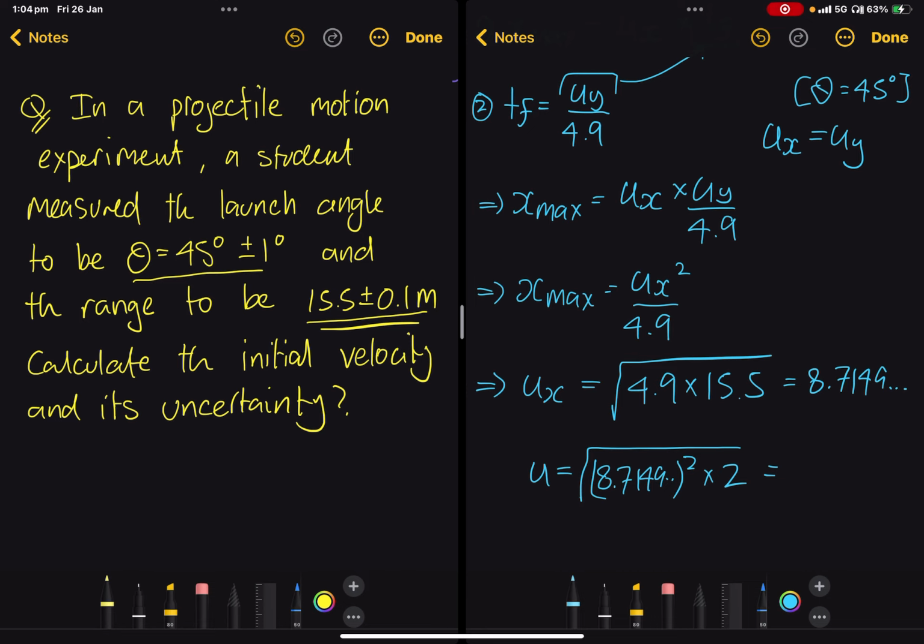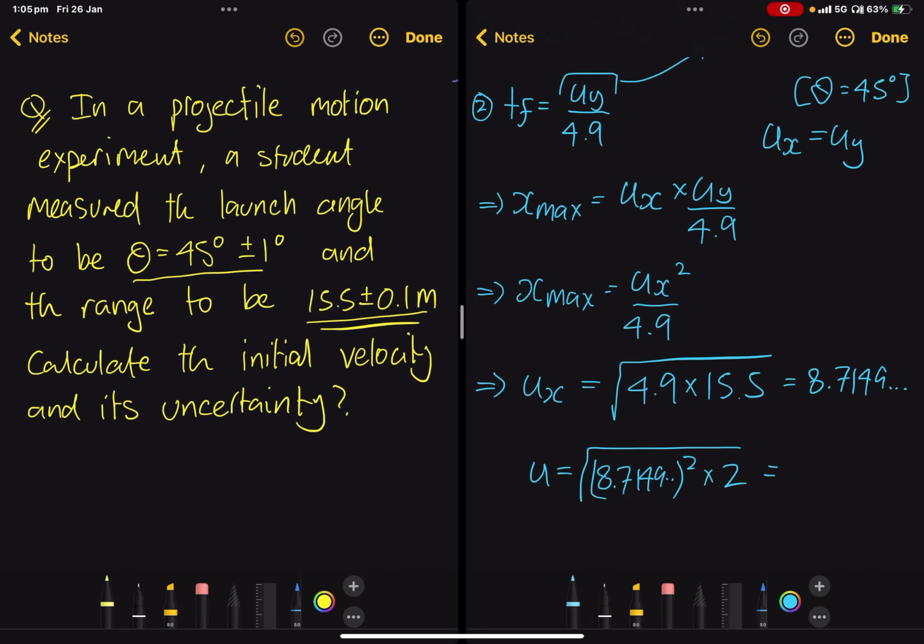And so with our calculator we can use the stored value here. So we have the square root of the value we just calculated squared multiplied by 2. So we have square root of 2 times 8.7149, and that needs to be squared.